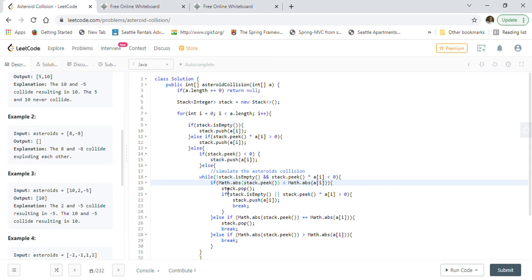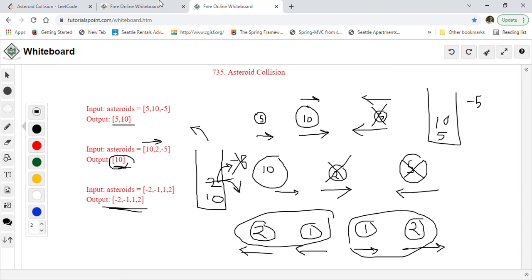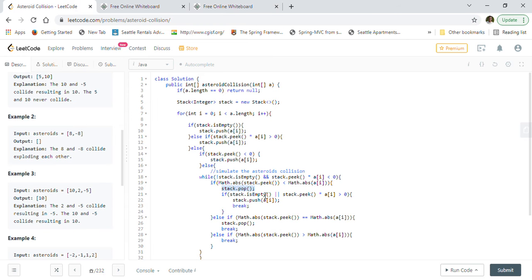So we have to remove it basically. So that's what we are simulating here. You got it, right? For example, let's say this one is -15 instead of -5, then in that case we will take 10 out, because 10 is smaller than 15. So that's what we are simulating here.